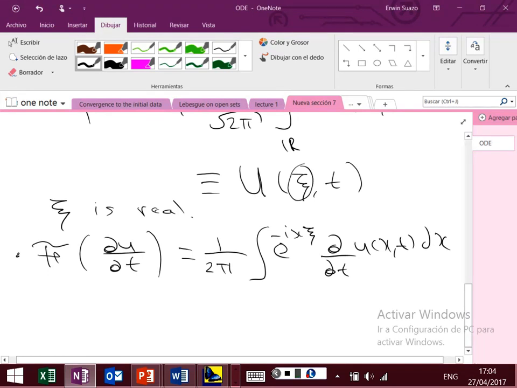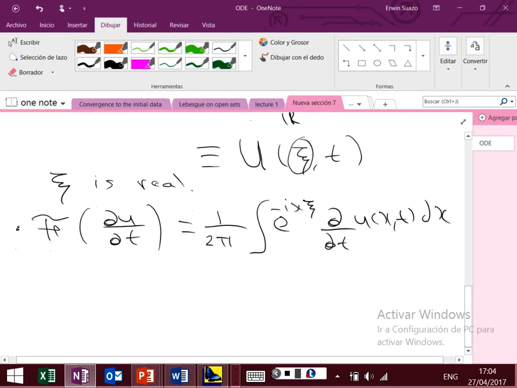Okay, so what do you think we could do? Suppose you are an engineer or a physicist. What would be the easiest thing to do? You don't even know, you don't care if it's right or not, you just want to get a formula. So what would you do? Yeah, take the derivative outside.